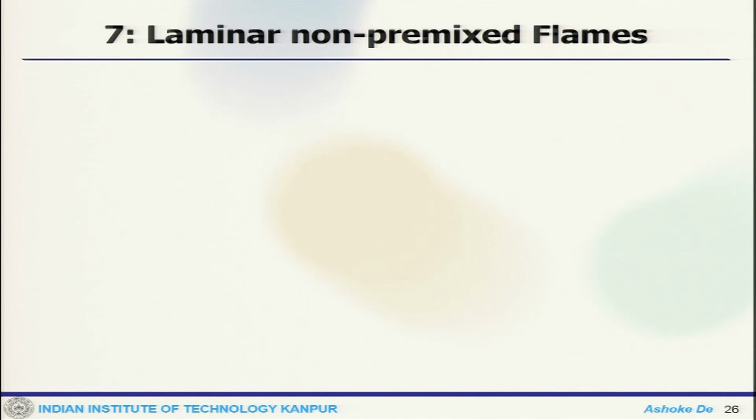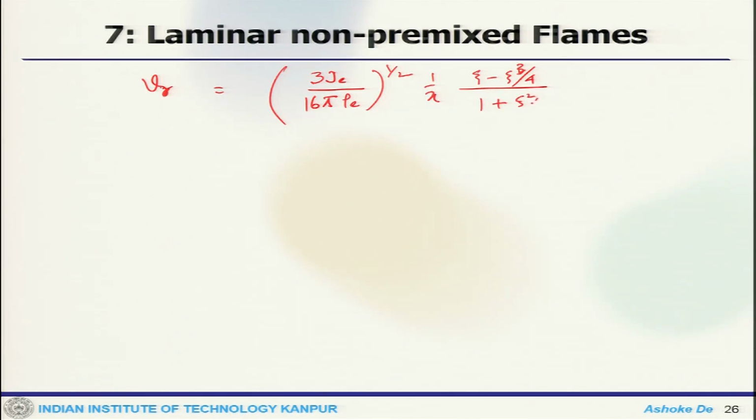Now, similarly for radial velocity, the solution is 3 J_e over 16 pi rho_e, to the power half, times 1 by x, times (xi minus xi cube by 4) divided by (1 plus xi square by 4) to the power whole square.